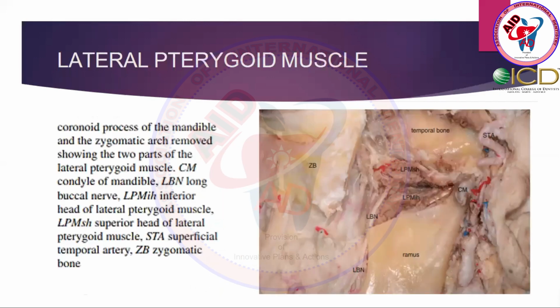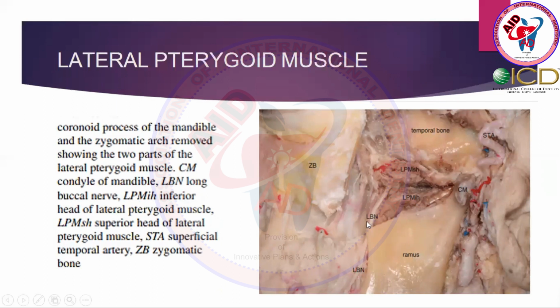Getting the anatomical orientation in your mind, that is the temporal bone. We have cut the zygomatic arch, we have cut the coronoid process, and that is the condyle of the mandible. You see, this is the ramus, and the main thing here, after getting the concept of the condyle, you move right here and you see this is the long buccal nerve.